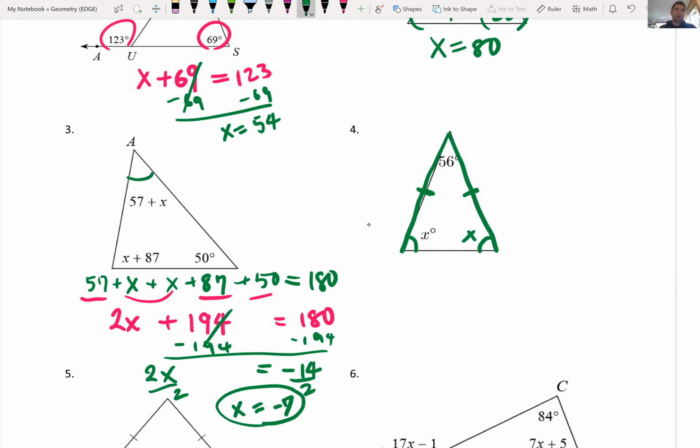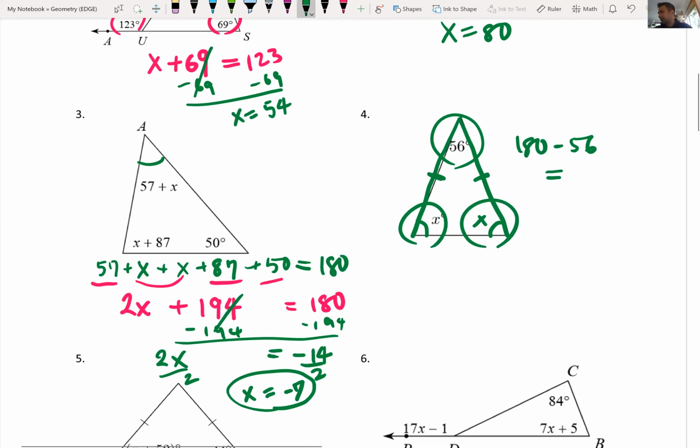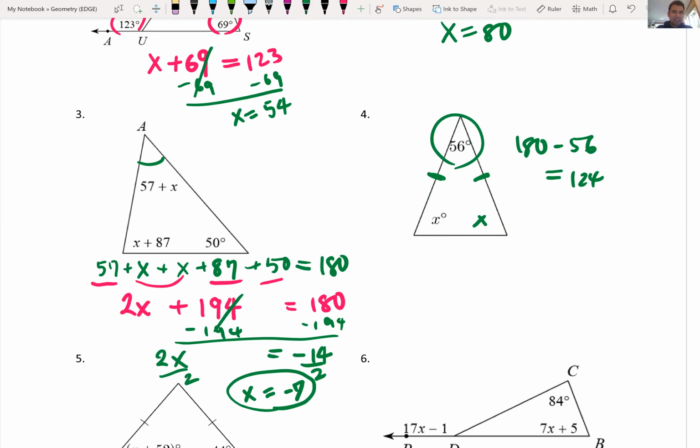Now you can set up an equation, but let's do it without setting up the equation. You're going to add all 3 angles. It's 180, right? So let's do 180 minus 56. And now you get 124. So do you think x is going to be 124? Not quite. These 2 angles combined is going to be 124.